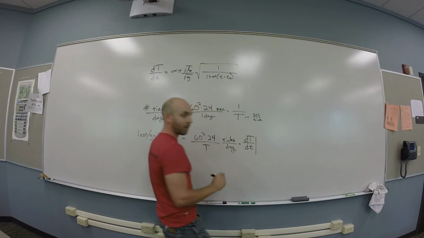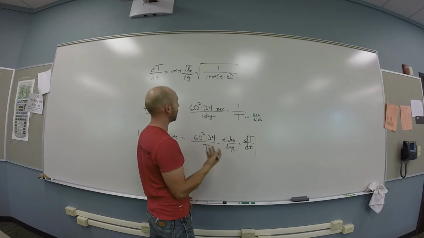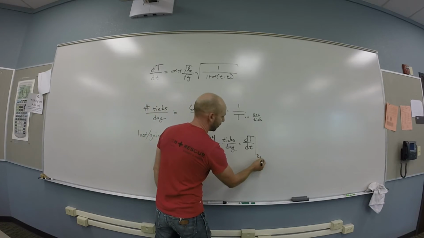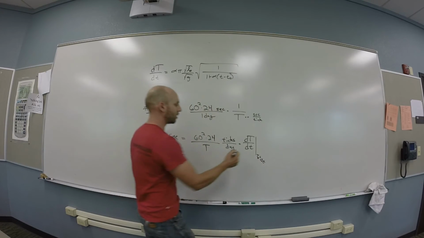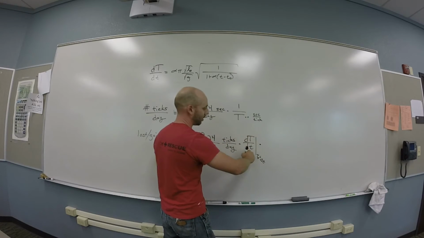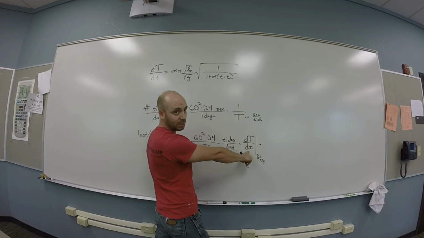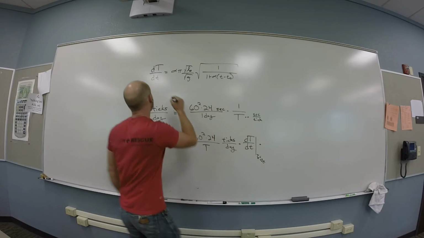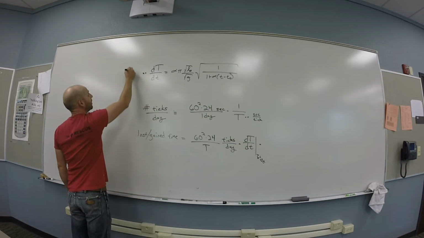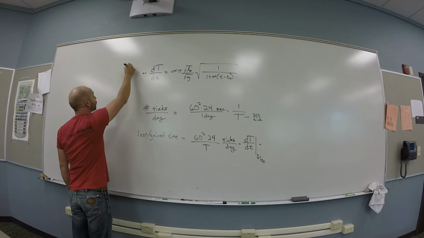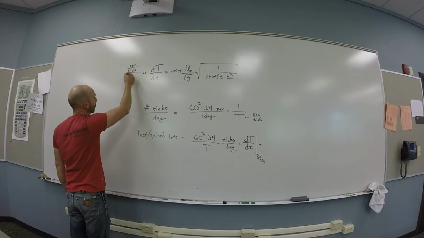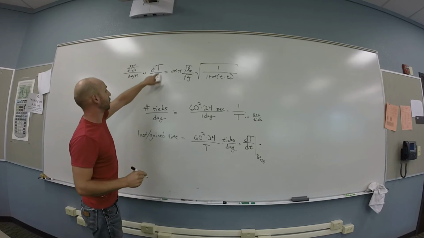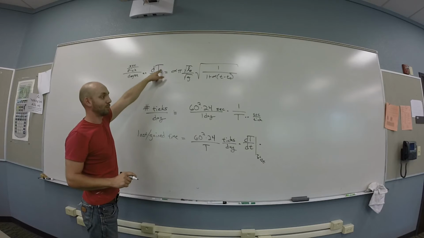And really, we should have to evaluate this somewhere, right? So we're going to be evaluating this thing at t plus delta t, or t naught plus delta t. And then we need to multiply, because this, d capital T, d little t, has units of seconds per tick per degree, because it's the derivative with respect to temperature of this thing that has units seconds per tick.